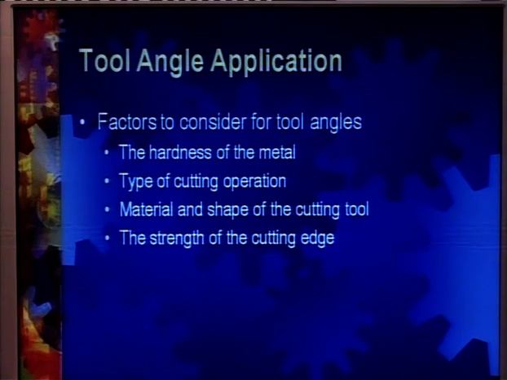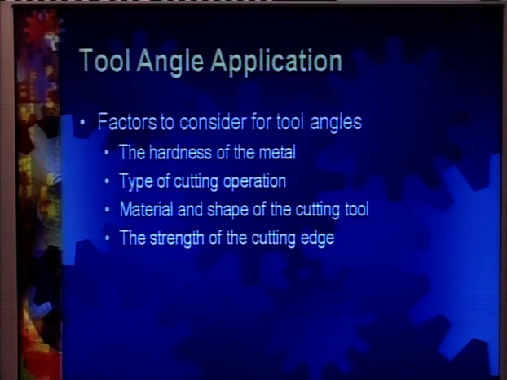The hardness of the metal that has to be machined is also very important, because in case the material that has to be machined is harder than the normal material, then the cutting force coming onto the tool will be much more, and also we will be forced to use a tool material which is much harder than the normal tool material.